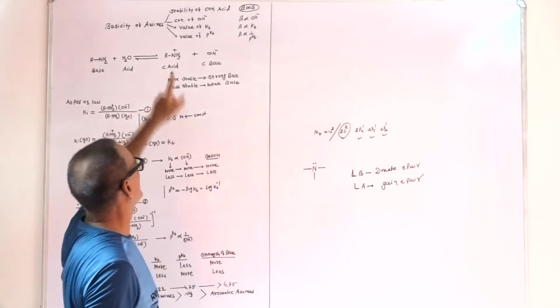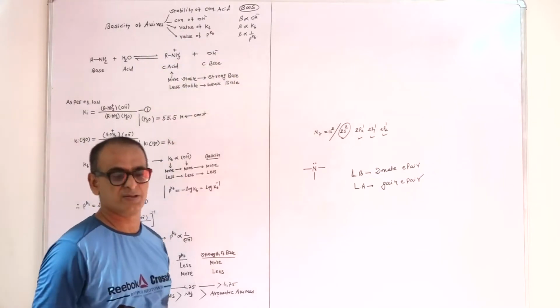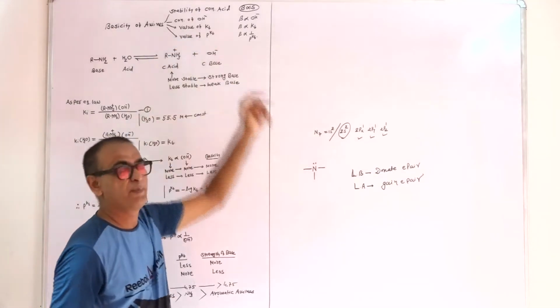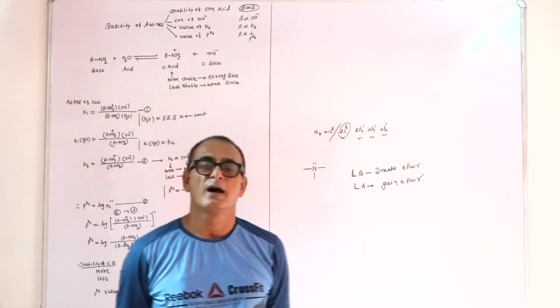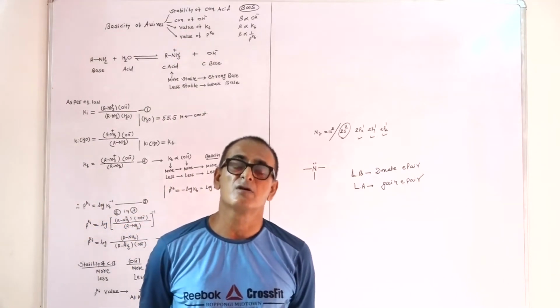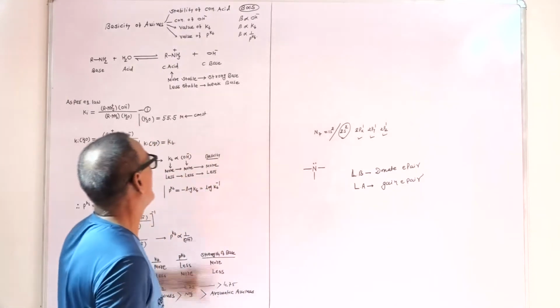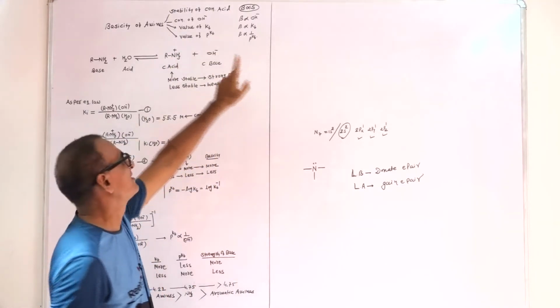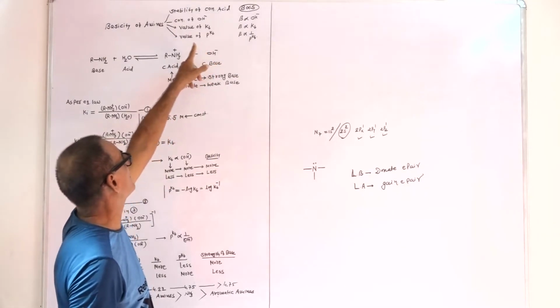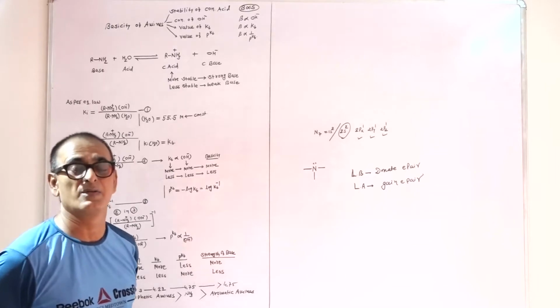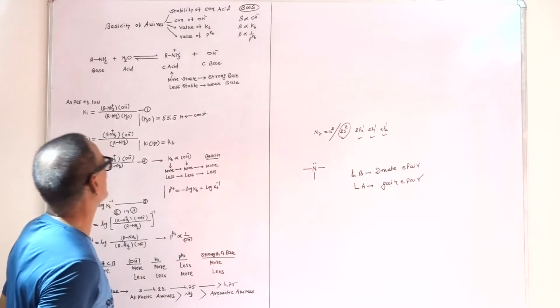Second one, concentration of OH. Then value of Kb, the ionization constant of base, and pKb value. These all factors are affecting the basicity of amines.